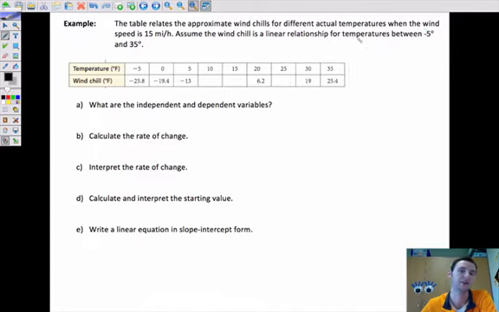It was calculated when the wind speed was 15 miles an hour. So assume that the wind chill is a linear relationship, and these temperatures that we've measured span from -5 degrees to 35 degrees. So our independent variable here is the temperature.